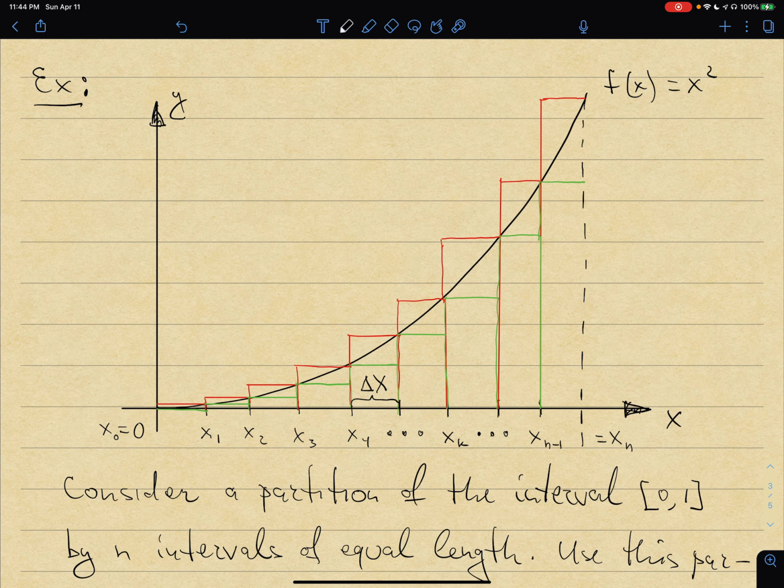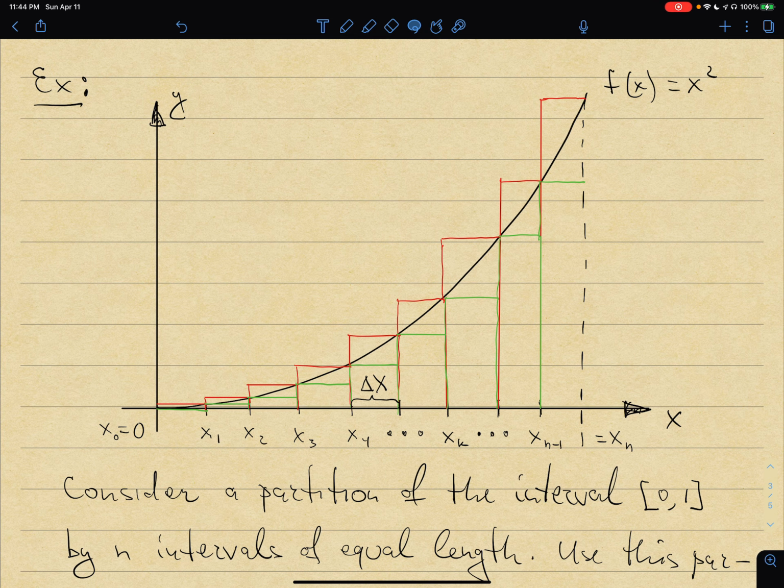So for the same partition, we're going to consider different heights of rectangles on different intervals. And remember that I used the notation S and O for overestimations and S and U for underestimations. So red, in this case, is going to be the largest possible overestimation on each interval.